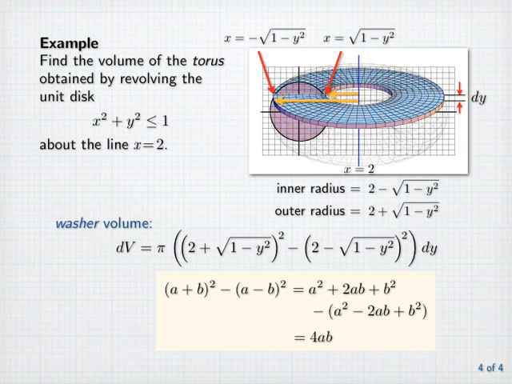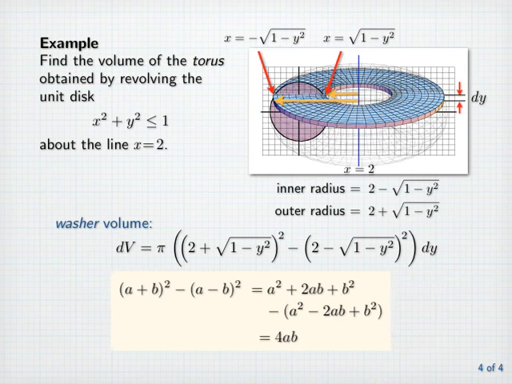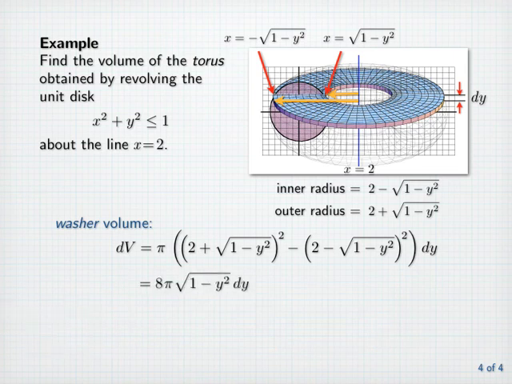In our situation, a is 2 and b is the square root of 1 minus y squared, so this 4ab is actually 8 times the square root of 1 minus y squared. So our dv equals that times pi times dy: 8 pi times the square root of 1 minus y squared dy.